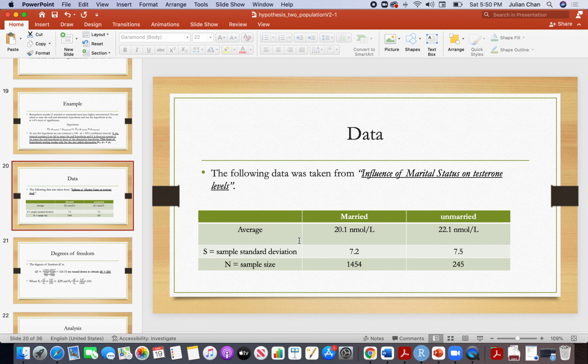We just use the formula again. We get 324. Okay. So in this analysis, we calculate the 95% confidence interval. We take the differences in averages.